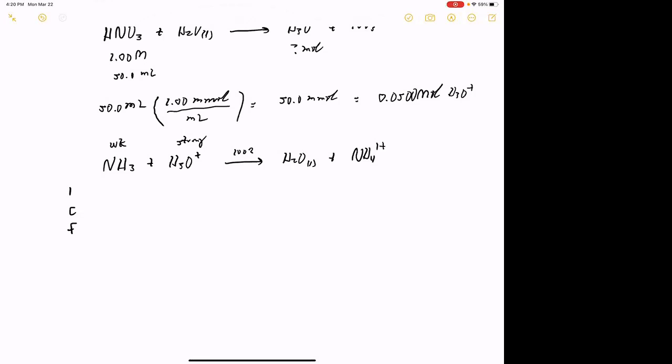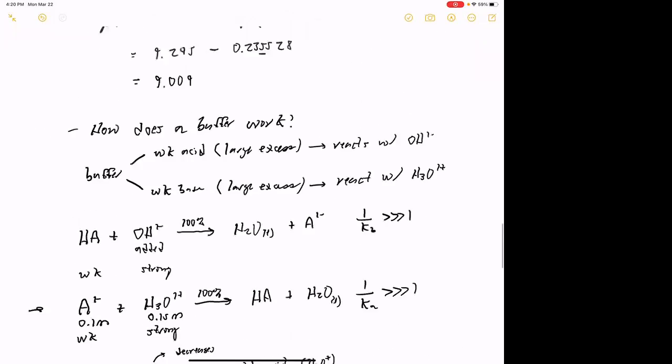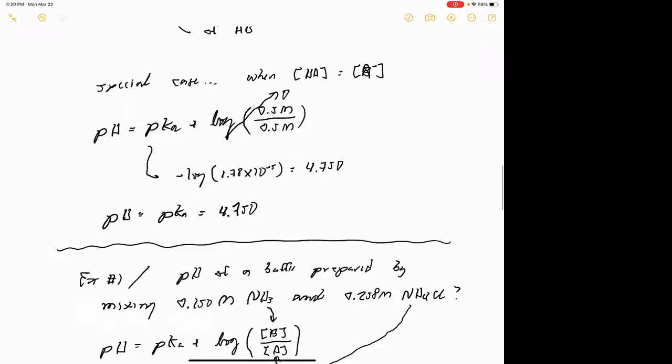So now, if you go back and look at what we've got, the hydronium ion I can stick in here is 0.0500 moles. These are moles now. How about the ammonia? Can I get the moles of ammonia? Let's go back and look at that problem real quick.